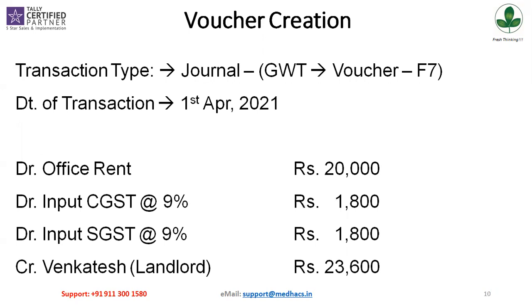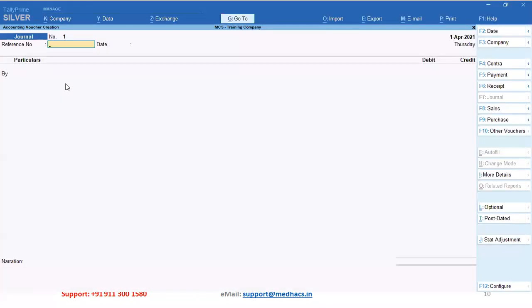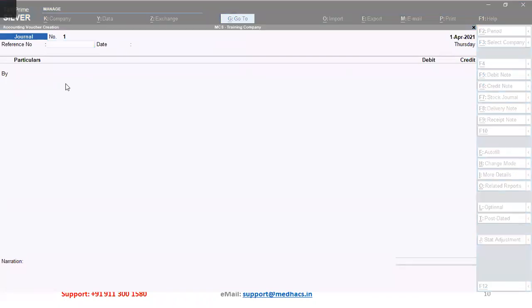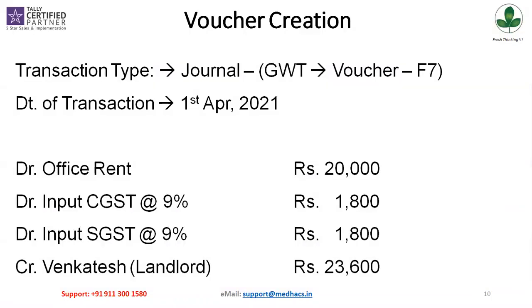The date of transaction is 1st of April, so now I'm on 1st of April itself. Debit has to be office rent. Again, there is a tax because 18% GST, 9% CGST and 9% SGST. So it is 1800, and credit has to go to landlord Venkatesh. Total is 23,600. So let's do this data entry.